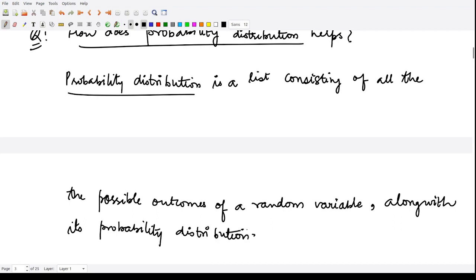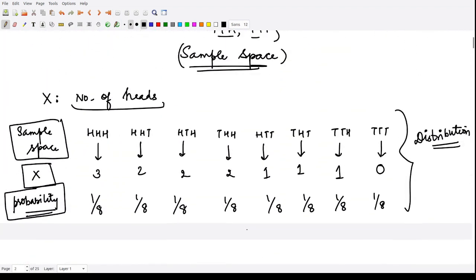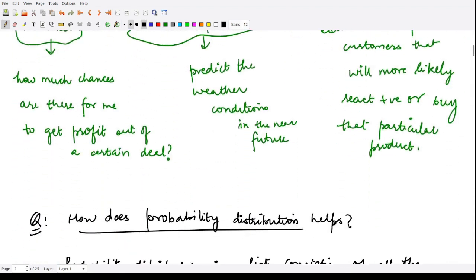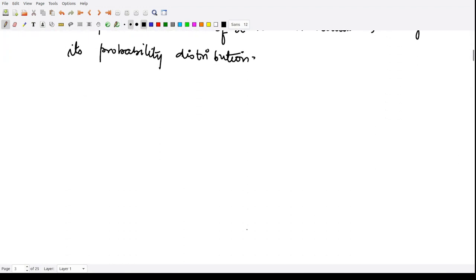Right? For example, we have done here in this particular example. Here we have listed all the elements which are present in the sample space, and then we have written down the random variable here and the associated probability. Okay, so we have another example.